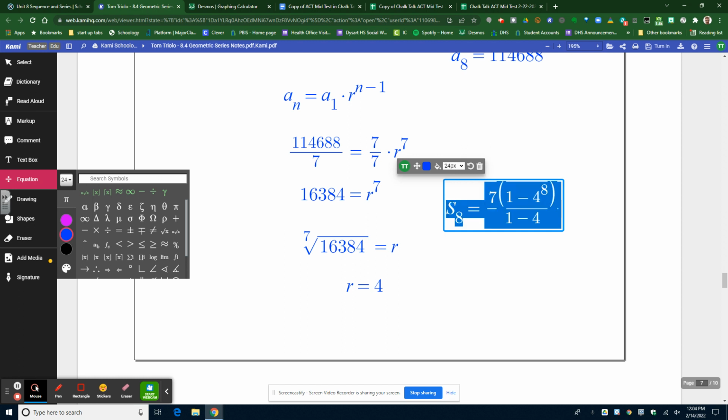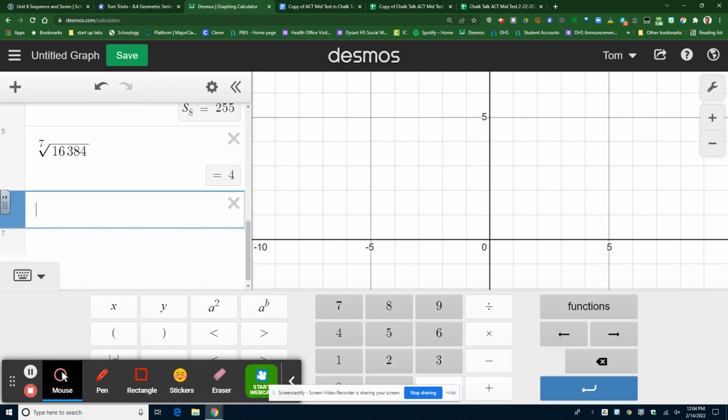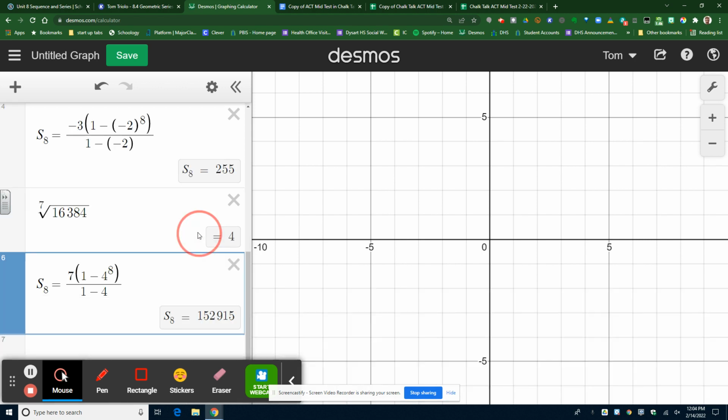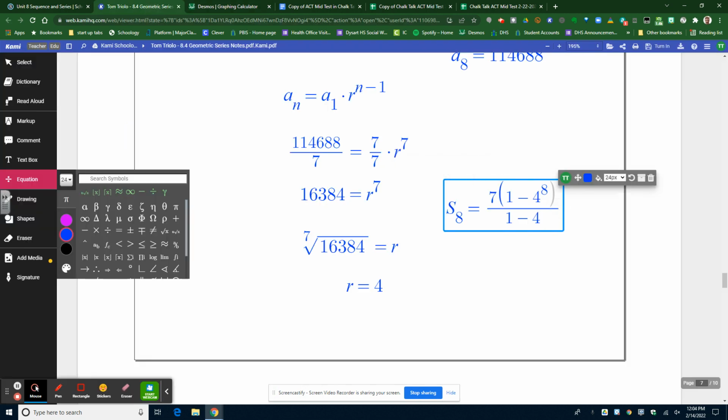Fantastic. Okay, Control A, Control C, Control V. 152,915. Put the comma in when you put it back over here. Equals.